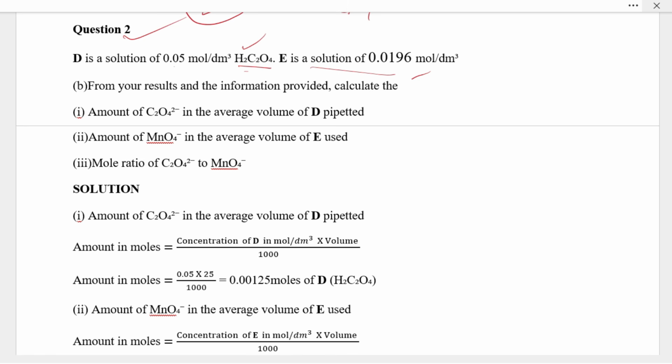A good student should quickly realize that. So you bring in your method: amount in mole equals concentration in mole per dm³ times volume divided by 1000, for both oxalic acid and permanganate. Let's quickly run that for the oxalic acid. Look at it here, we have 0.0125.